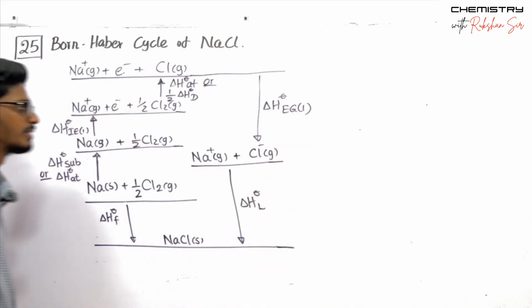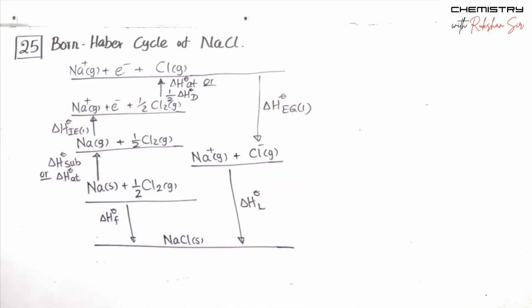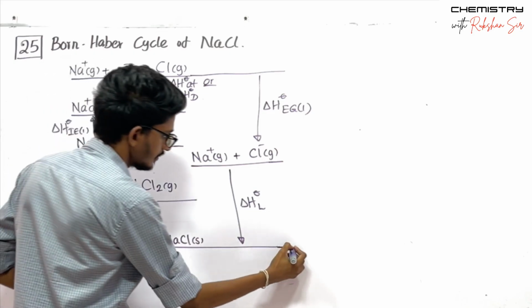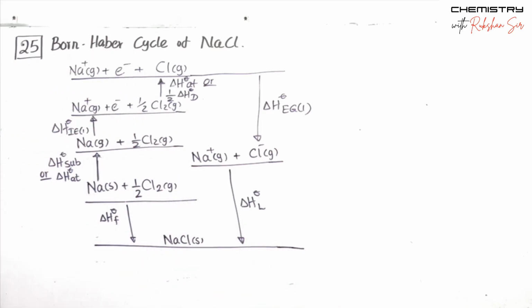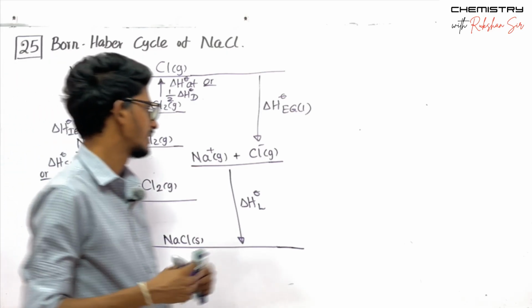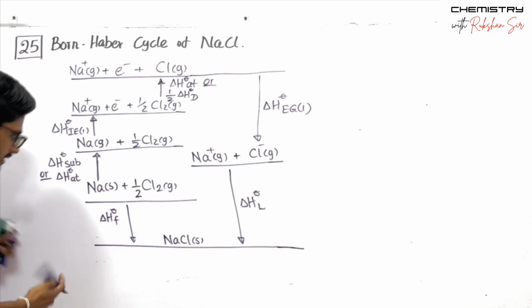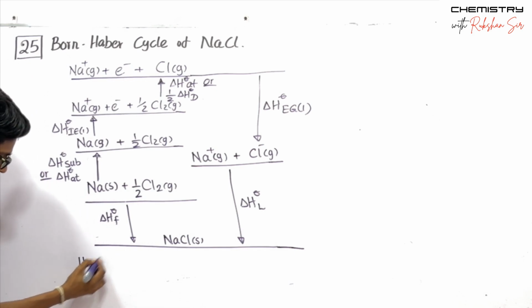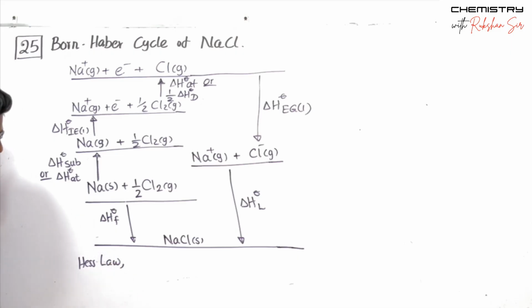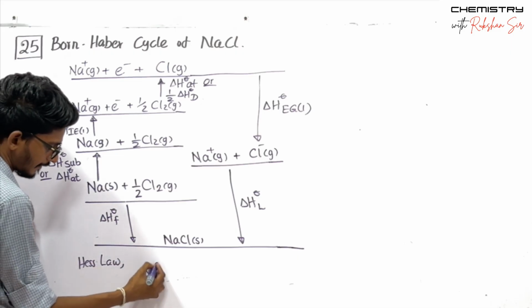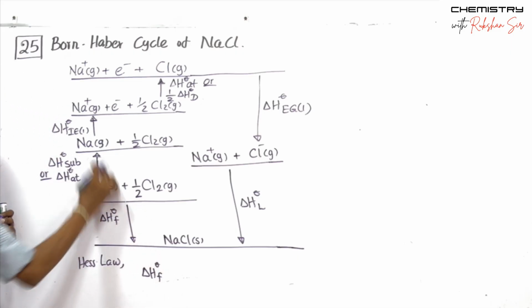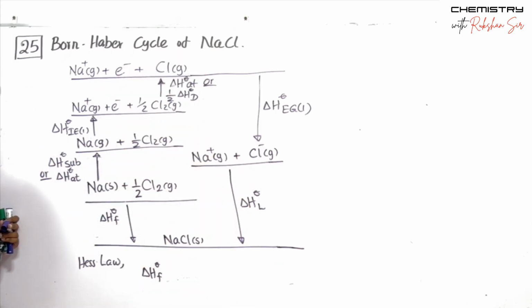So these are the enthalpy terms appearing in the Born-Haber cycle of NaCl. The thing is clear. If you apply Hess's law, delta H naught F will be equal to all of these terms.